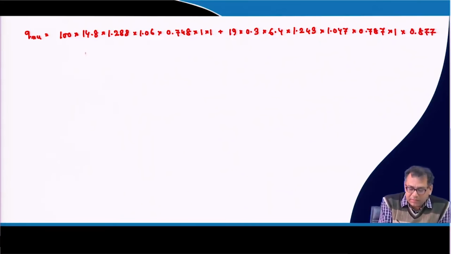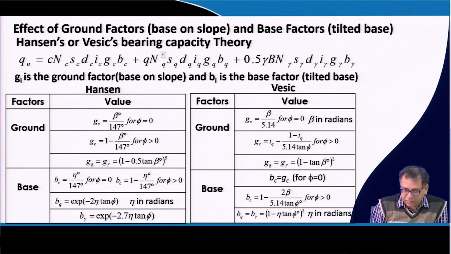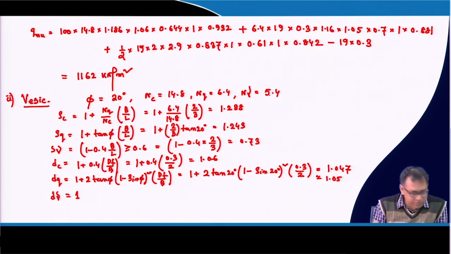0.877. Then plus half into 19 is the unit weight, 2 is the width, 5.4, because for basic it is 5.4.